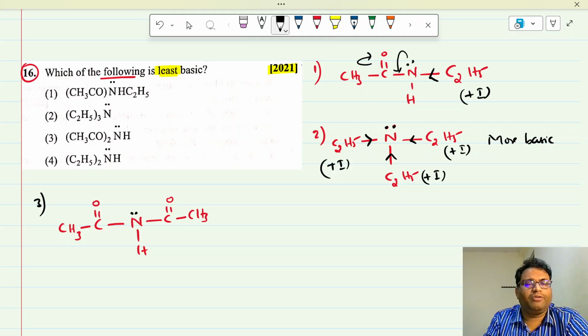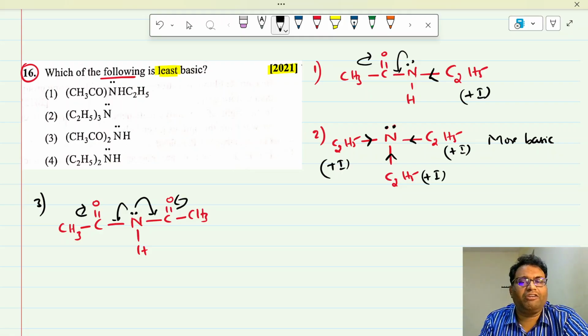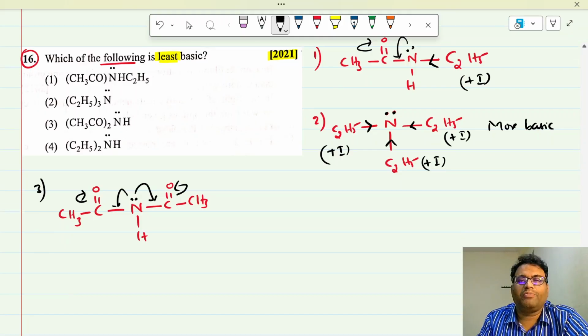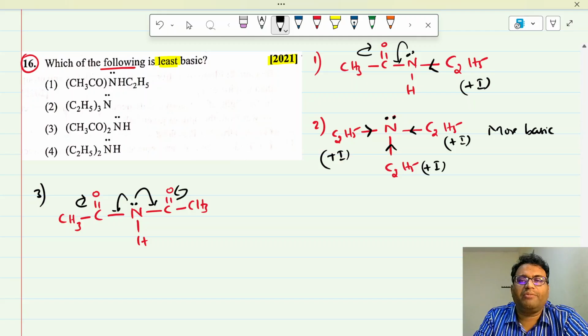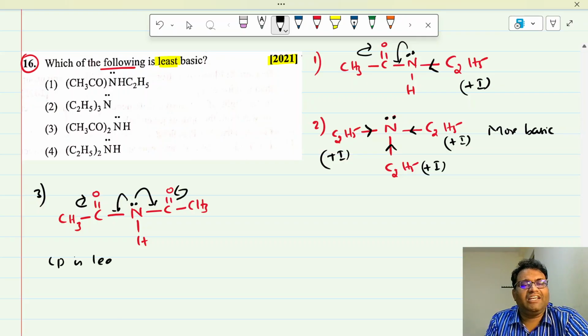If you see, this lone pair is in resonance with two C double bond O. Now among 1 and 3, which is more basic? 1 will be more basic because the lone pair is only making resonance with one C double bond O. But in the third molecule, the lone pair on nitrogen is making resonance with two C double bond O. So the lone pair is least available in the third molecule, so it will be least basic.